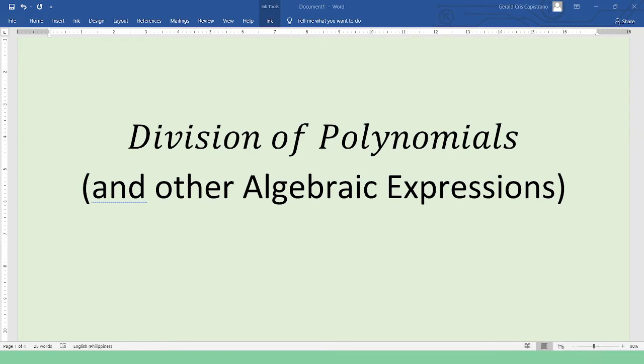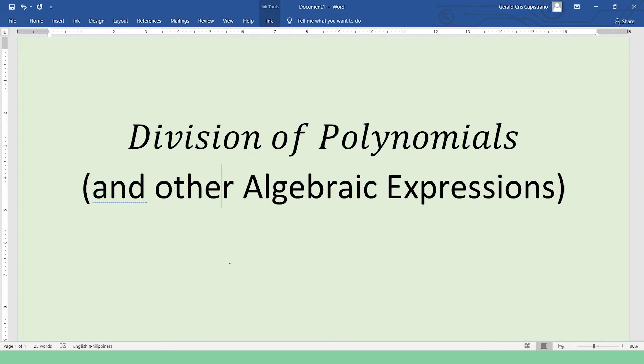So in that case, let's move on to the main topic for this day. Today, as I said earlier, we will be starting to discuss division of polynomials and other algebraic expressions. Bakit ko sinabi yung other algebraic expressions?